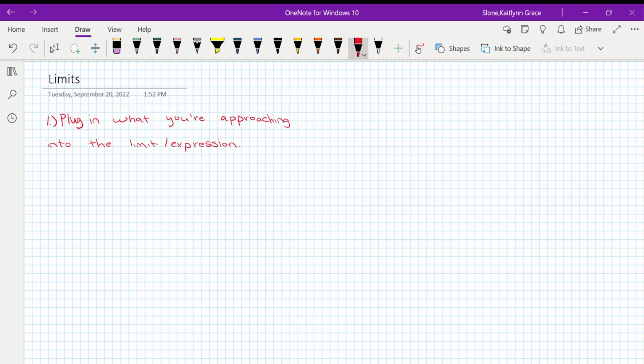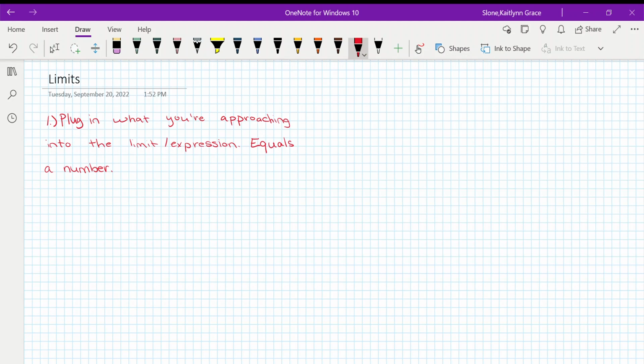And you really want to focus on what you get when you put it in there. So if it equals a number, sweet, you're done. That's all you have to do.